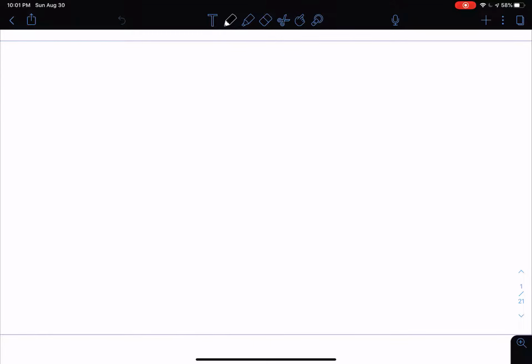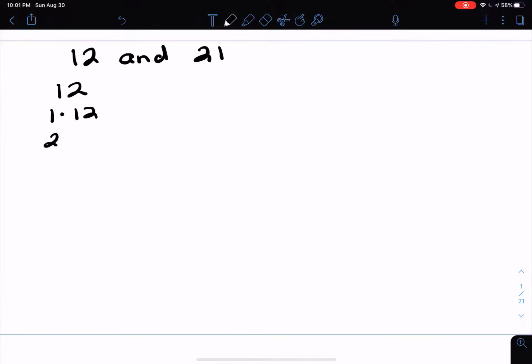Okay. So let's look at the pair 12 and 21. With those two numbers, in probably the original way you were taught to do this, you would have taken 12 and listed all of its factors. 1 times 12, 2 times 6, 3 times 4.